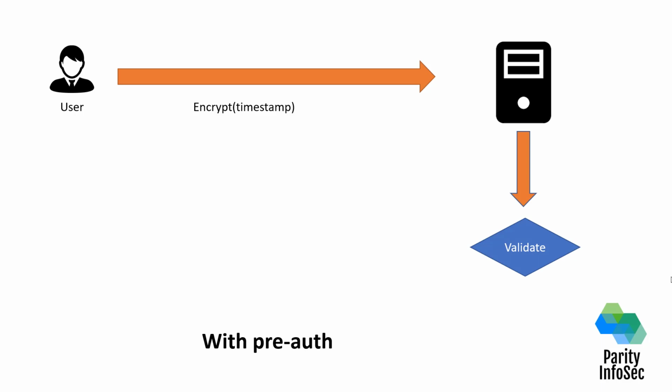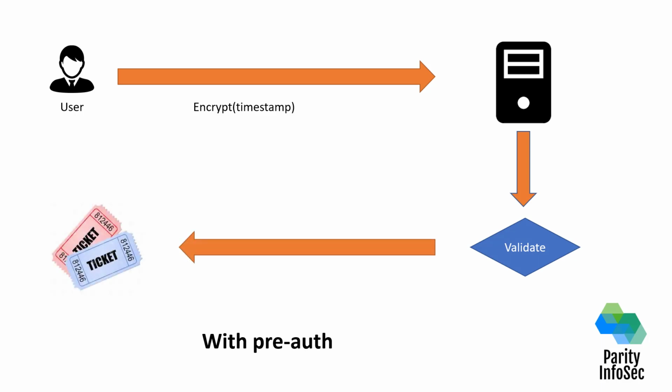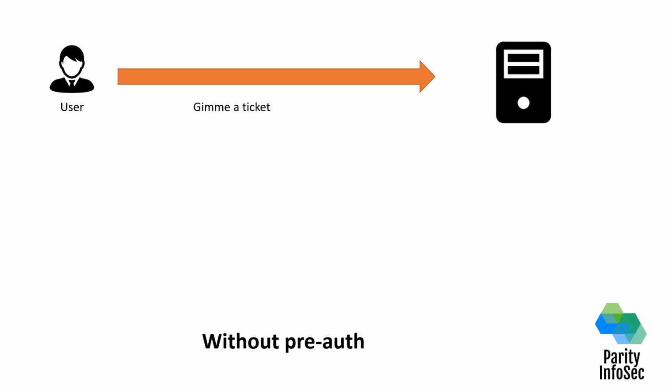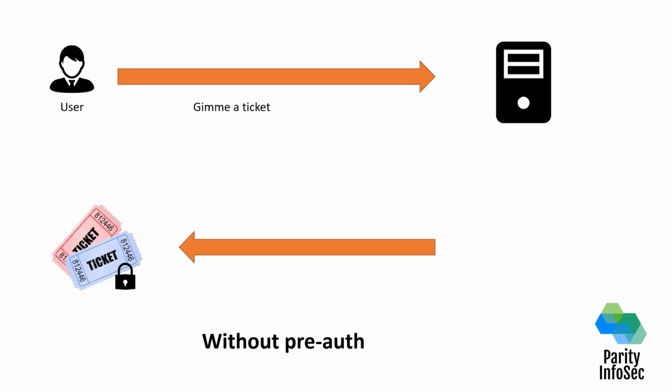And then it will go ahead and issue a ticket at that point, and you can go talk to another server. Well, with the user like hsmith, it's going to say no pre-auth required. So really, the user will just request a ticket, and the servers will issue a ticket granting ticket. That's it. So at that point, you're going to get a ticket back, and all you got to do is crack it. And that's what we're going to do right now.